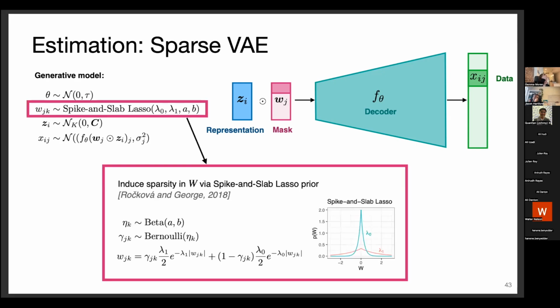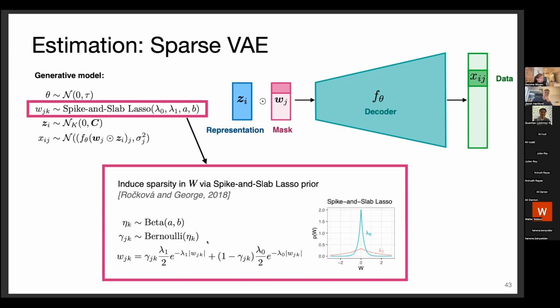This prior was introduced by Ročková and George, and it's a continuous spike and slab prior in that a priori, this W_jk, this element of the W matrix, is drawn either from a Laplacian spike around 0 and so forced to be small, or from a Laplacian slab and allowed to be large.